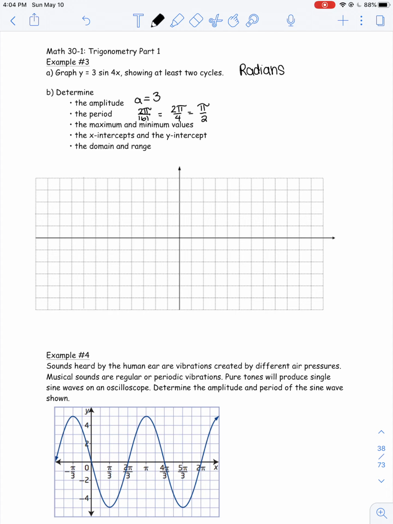Okay, so that's going to be important because we need to stretch out pi over 2, and we want 2 cycles of this. So 2 cycles will be pi over 2 times 2, and that equals pi.